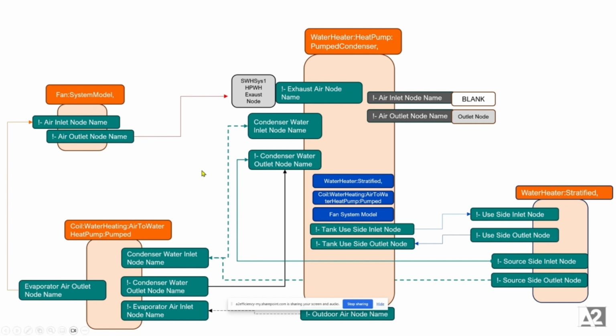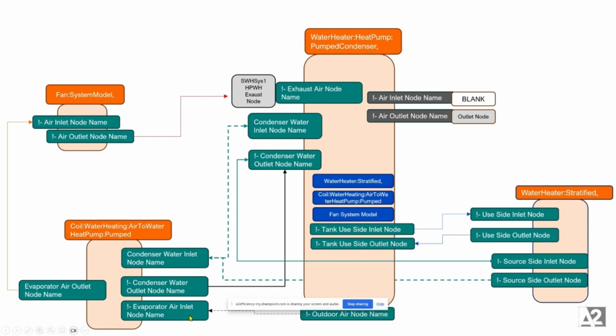And we're going to look at this configuration in EnergyPlus. Then I'll make another video after this on how you could put this in a room and use these nodes, air inlet, air outlet. But right now, we're assuming this is an outside system. So I've drawn it down here. There's an input for this device called the outdoor air node.